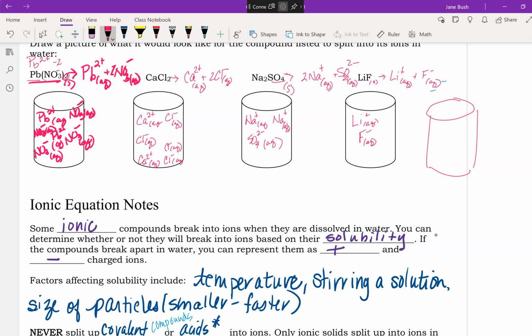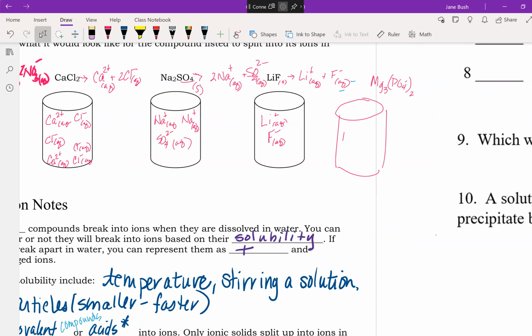Mg3(PO4)2 will ionize a tiny bit, but for our purposes, it doesn't. So you put it into water, and it just stays a solid, a clump. You would probably have to add it to an acid to get it to dissolve.